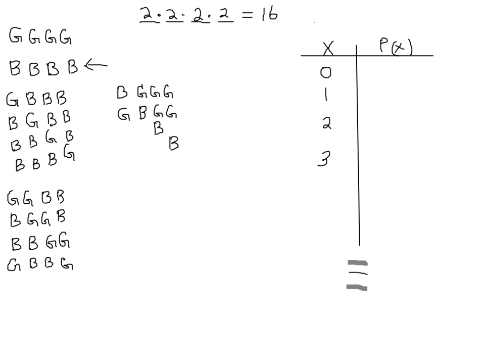So 3 girls, 1 boy. Those are all the ways I can arrange 3 girls and 1 boy. The last scenario is when we have all girls. And that was at the very beginning. We had all girls there. All right, so I'm hoping I have 16 of them. If not, then I missed something.